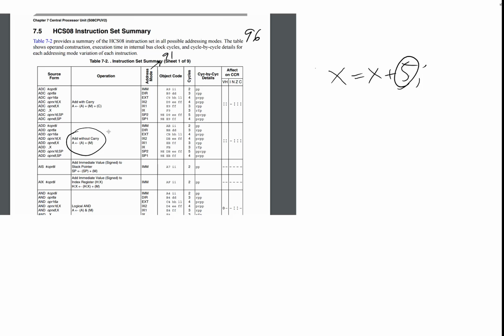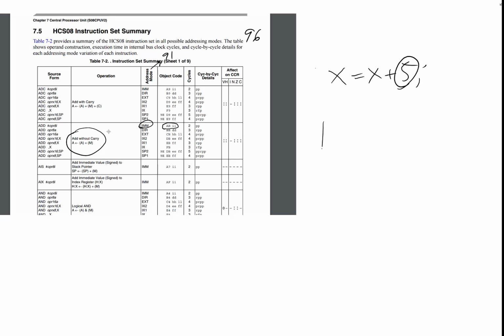That uses what's called the immediate addressing mode, which is to say that the 5 we're adding is actually just wrapped right into the command. The opcode AB tells the processor, hey, I want you to add something, and that something is going to come immediately after AB. So the very next byte is what I want you to add.